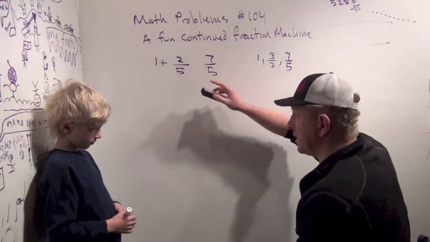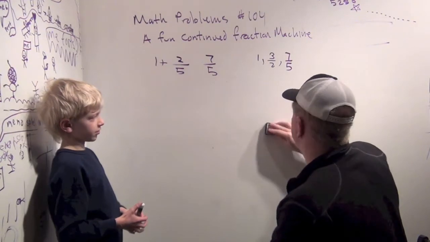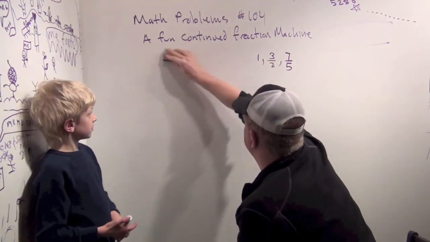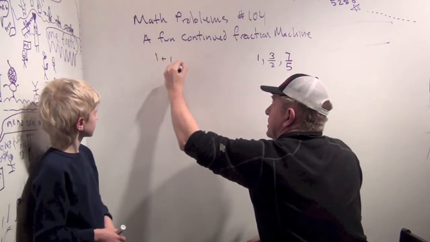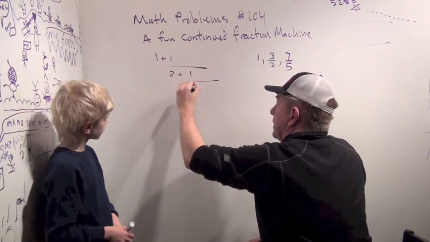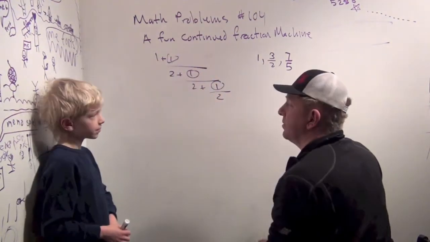That's great fraction practice, evaluating all of those. But it turns out there's a shortcut that mathematicians discovered when you have that form of continued fraction. You have all these ones up in the top.